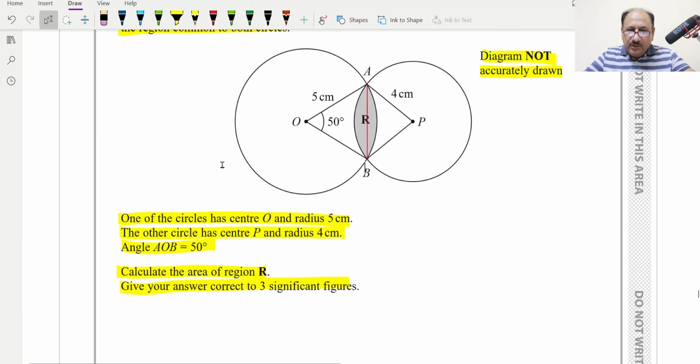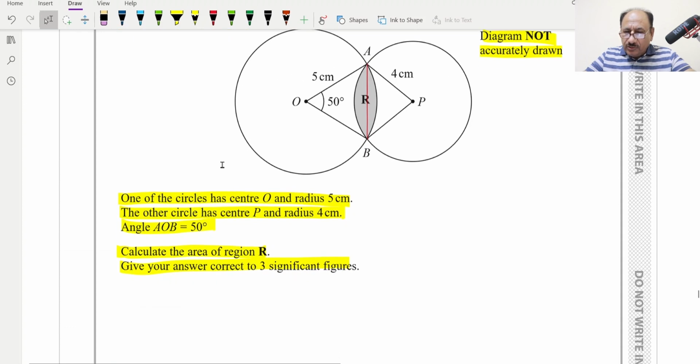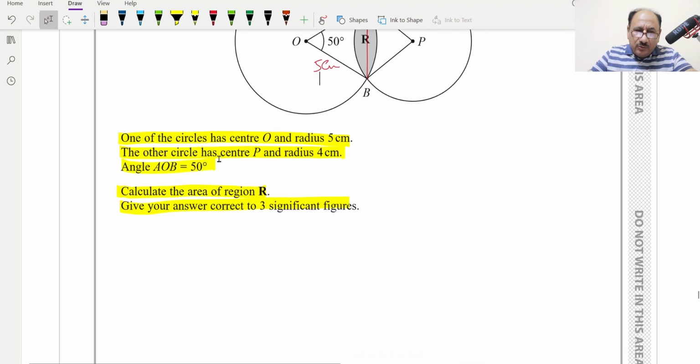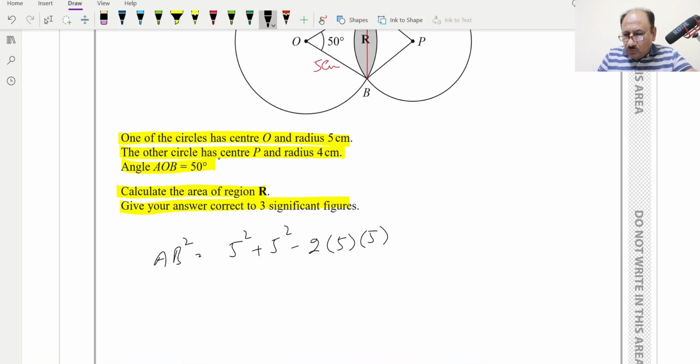We can apply the cosine rule because we have two sides: this side is 5 centimeter, this side will also be 5 centimeter, so we can find AB by applying the cosine rule. So AB square is equal to one side square plus other side square minus 2 into one side and other side into cos of theta, which is 50 degrees.